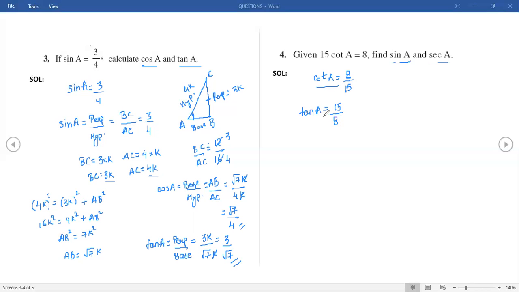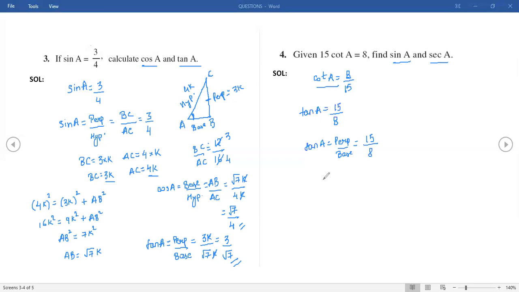Tan A is perpendicular by base, which is 15 by 8, as we are given.